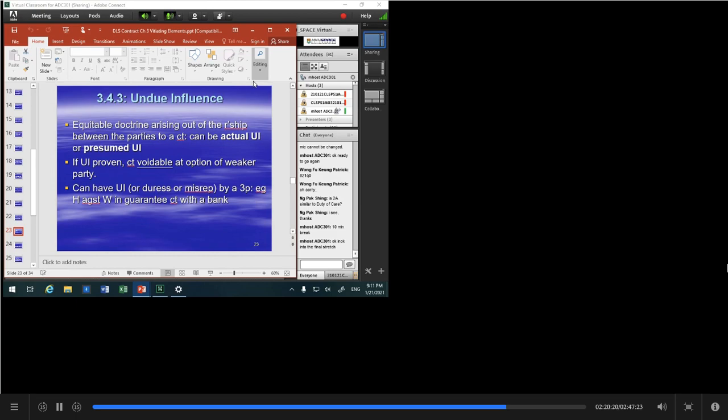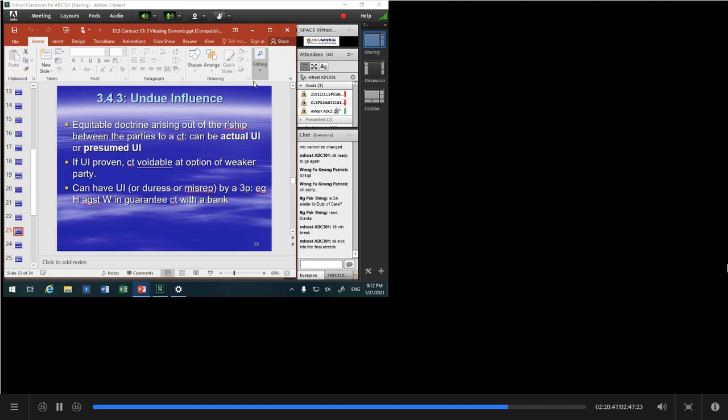And in equity, and of course equity is a doctrine of fairness, that would not be fair, because you could argue the weaker party is not entering into it voluntarily. They have been unduly influenced. And if undue influence is proven, it renders the contract voidable at the option of the innocent or weaker party. Okay, we'll get on to the third bullet point later.